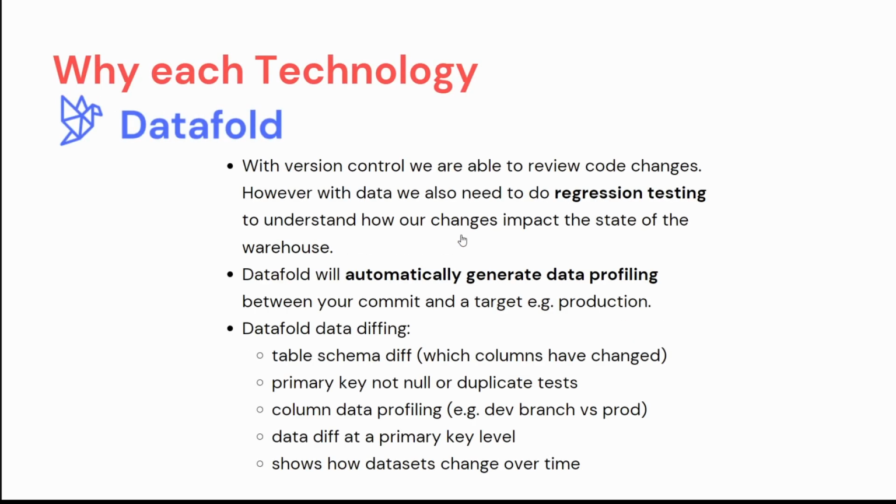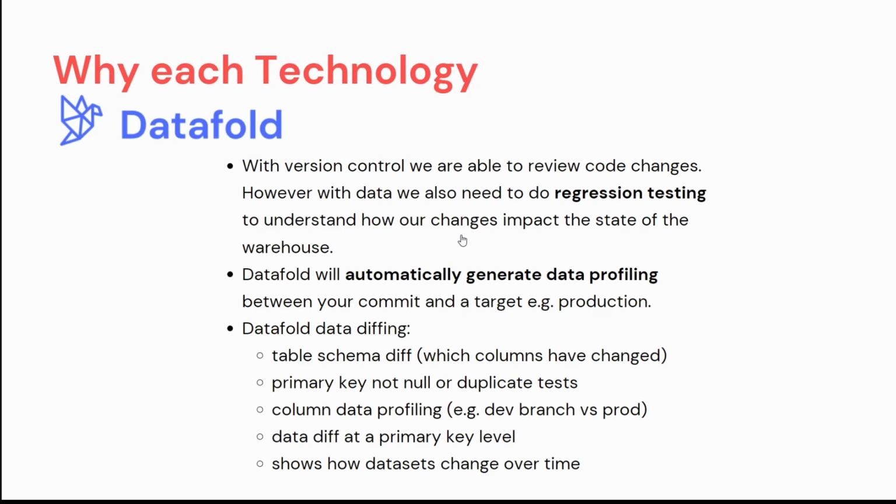For data profiling, we use the technology Datafold. With version control, we are able to see the historical changes that we've made in our code. We also need to do regression testing on how our code impacts our data warehouse. This is where Datafold comes in. It'll allow us to automatically generate and data profile our code between our commits and our target.